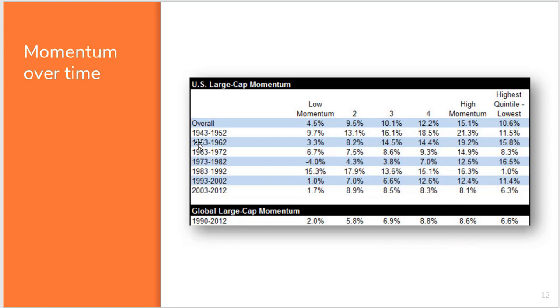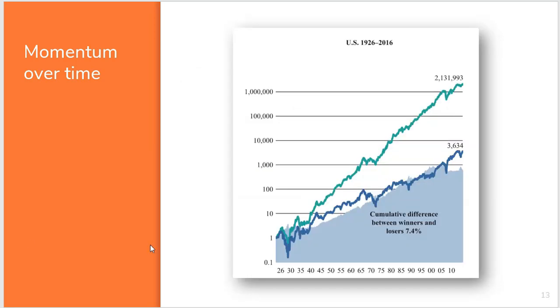All right, this was back from 1943. I also have one back here from 1926, actually. Had you only bought momentum stocks, the stocks that have gone up the most, you could see that we have the overall market, the gray area here in the back.